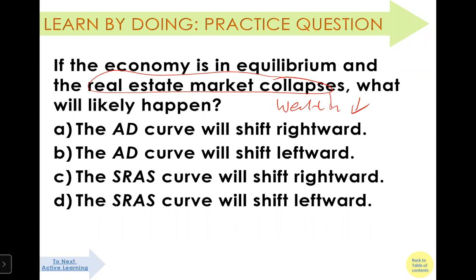So the aggregate demand curve will shift to the left. By the way, here SRAS stands for short run aggregate supply, which we are going to discuss in the following slides. So the answer is B.